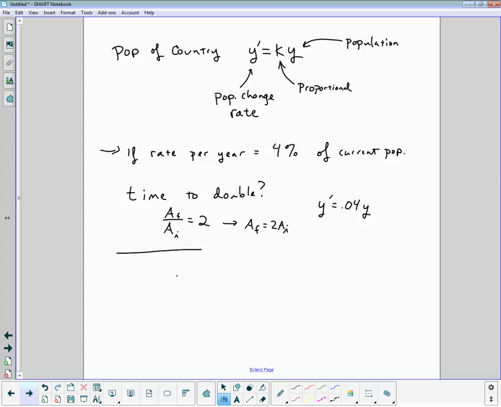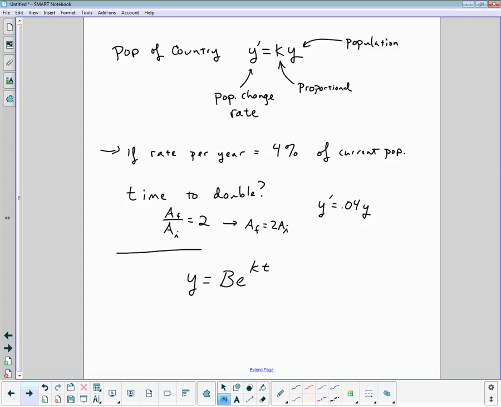So now, here we go. We have y prime is equal to some amount. We don't need to solve the equation. We already know what it is. Plugging in what we know, k is my constant of proportionality. And again, if you remember, k is something that is related to the species, right?